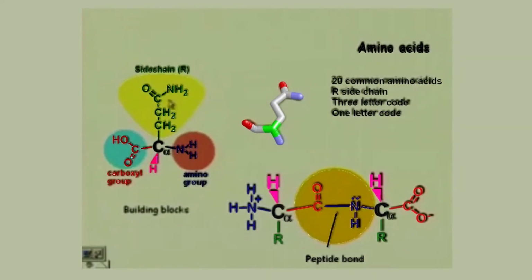But if we look at our original amino acid, we are missing an OH from the carboxylic acid side, and we are missing an H from the amino side. What does that make? It makes H2O. So, when we link two amino acids by the elimination of H2O, we can form a peptide bond.